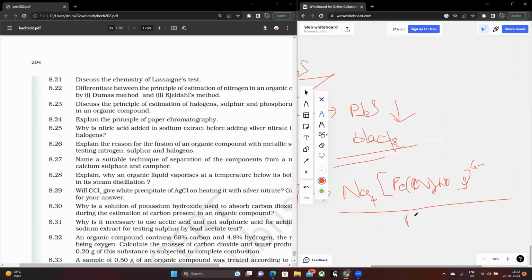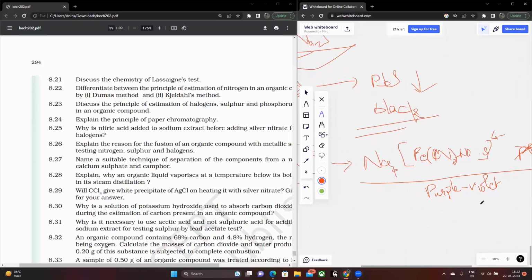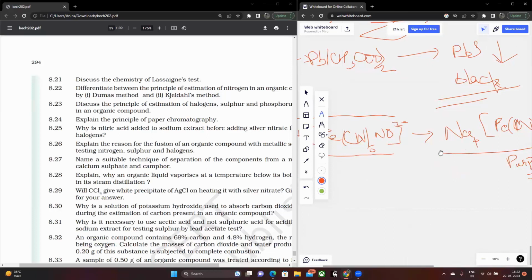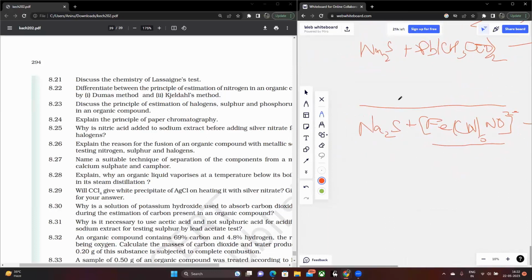This complex has a purple violet coloration. I repeat, this is not a precipitate, it has a purple violet coloration. This is also a test for sulfur. If you have a violet or purple coloration with sodium nitroprusside, then it means sulfide ions are present in your solution. All right.